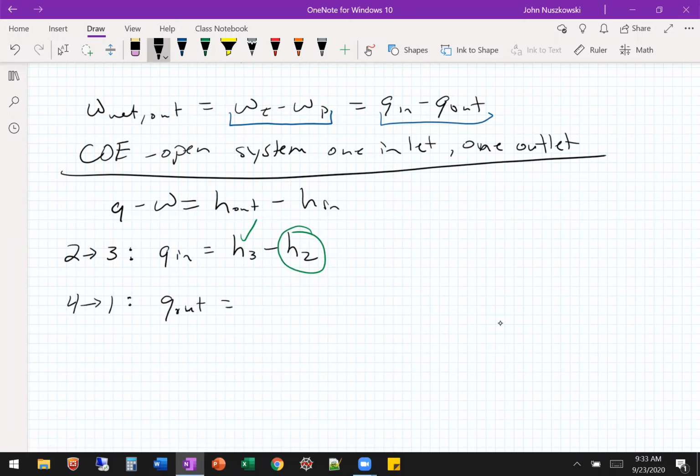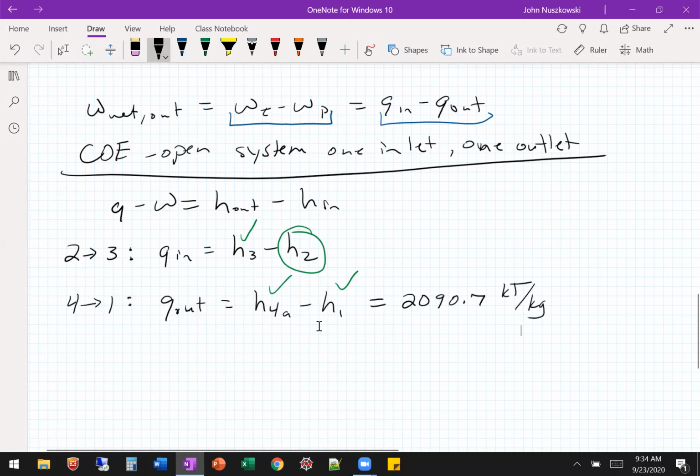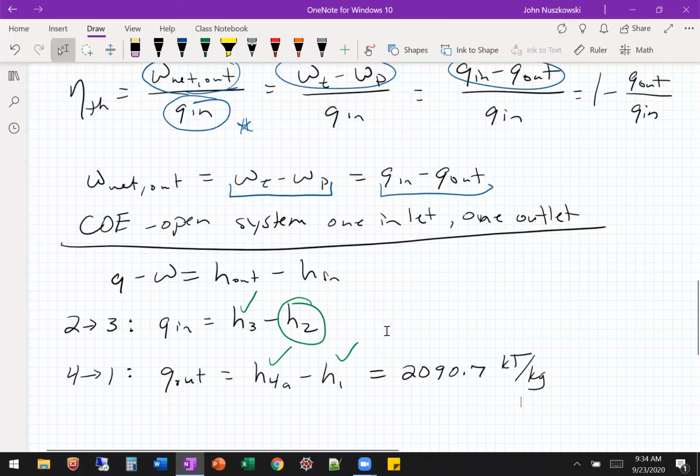We're going to get H4 actual minus H1, and we already have both of those. So we get 2090.7 kilojoules per kilogram.